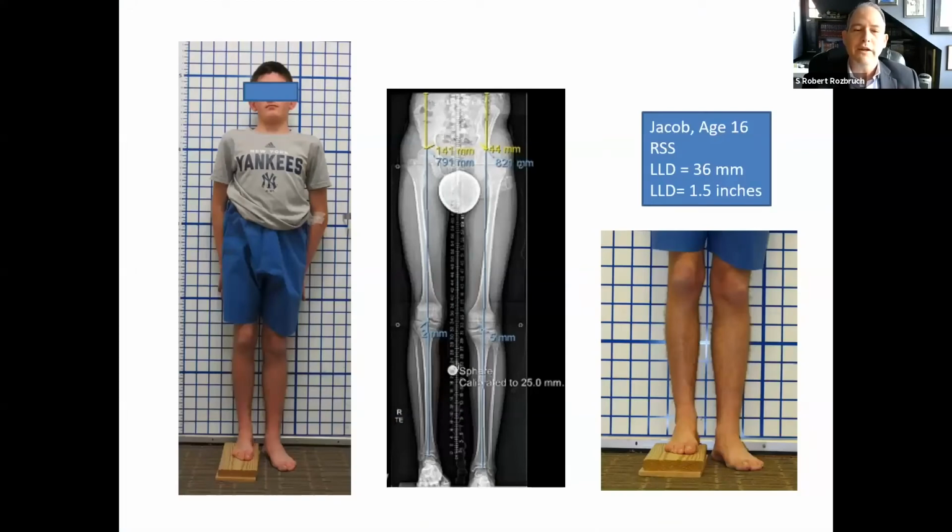So to give you an illustration of the speed of recovery, I'm going to show you Jacob, who at the age of 16 with RSS presented to me with a 36 millimeter leg length discrepancy. And most of this was coming from the femur, so we did a femur lengthening.